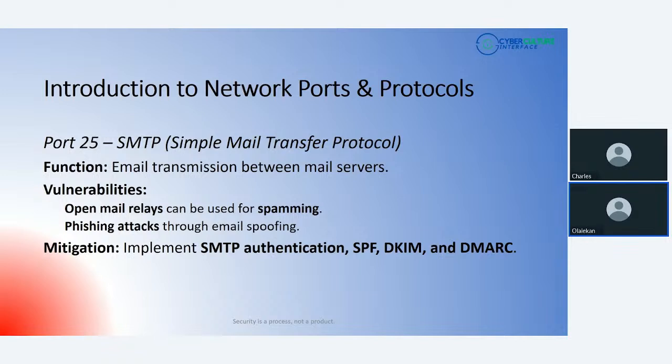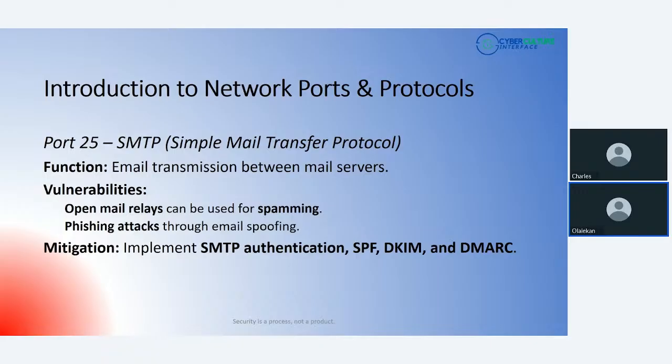If you implement SMTP authentication, SPF, DKIM, all these email protocols, you can make it secure. I've forgotten the full meaning now, but these are the things that make some emails enter your spam box, and some emails you will not even see.